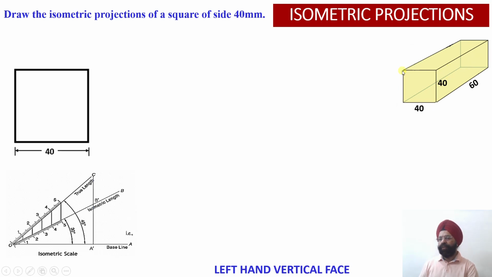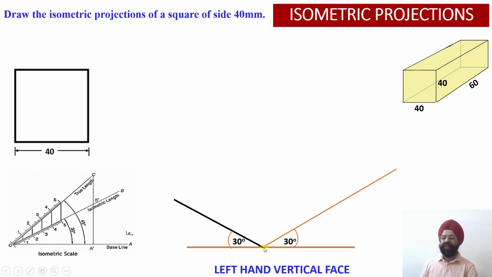So first of all, we are going to draw this plane shape of the square on the left hand vertical face. We are given that draw the isometric projections of a square having edge equal to 40 millimeter. Now we have to draw both of the edges onto the X and Y axis.